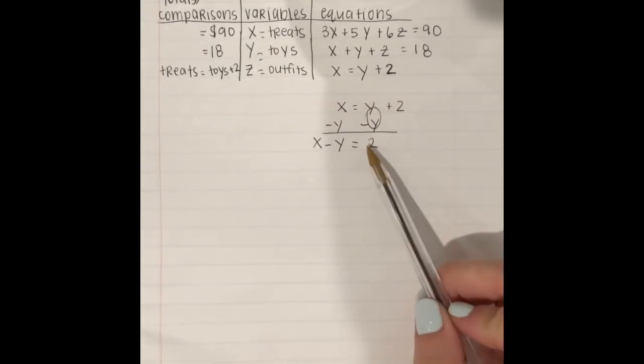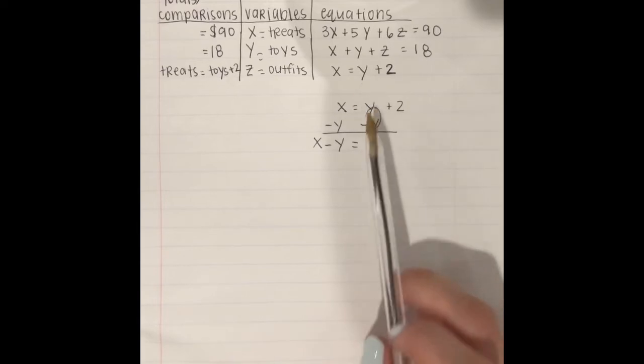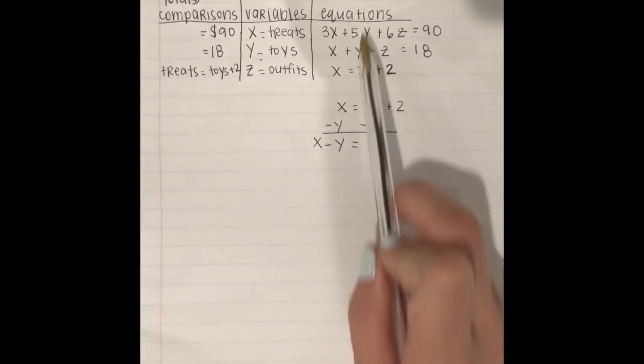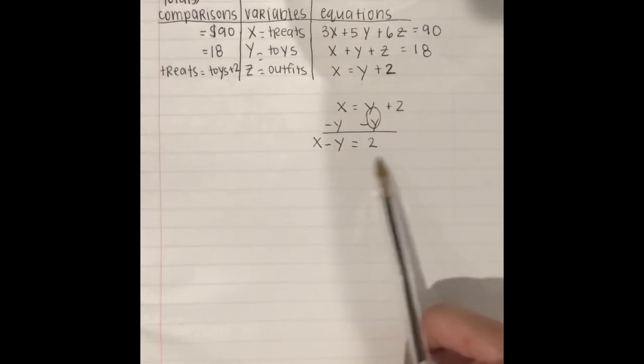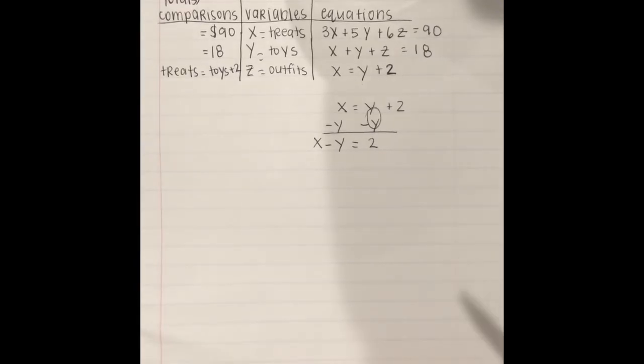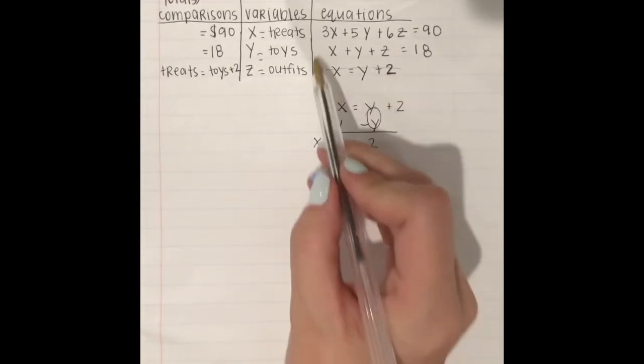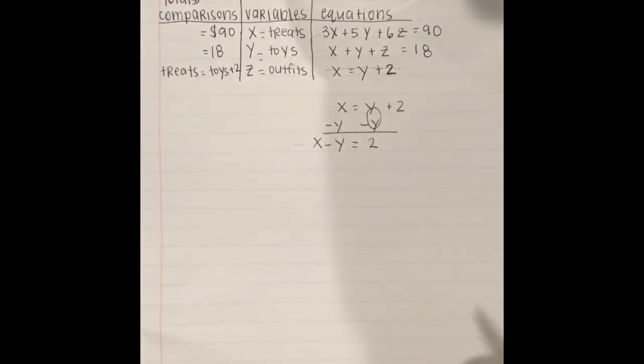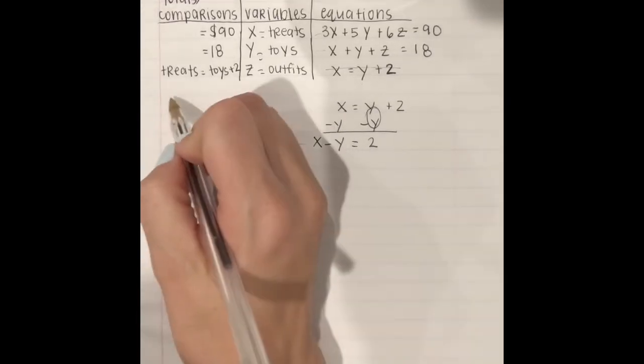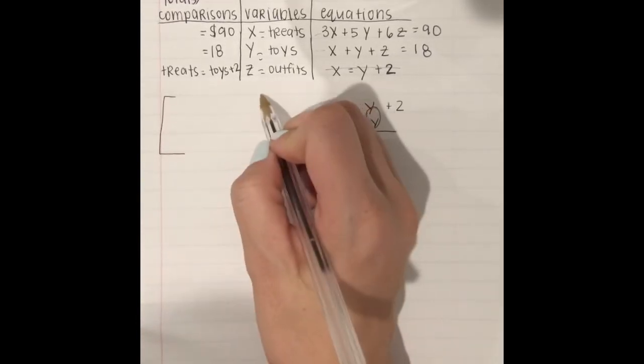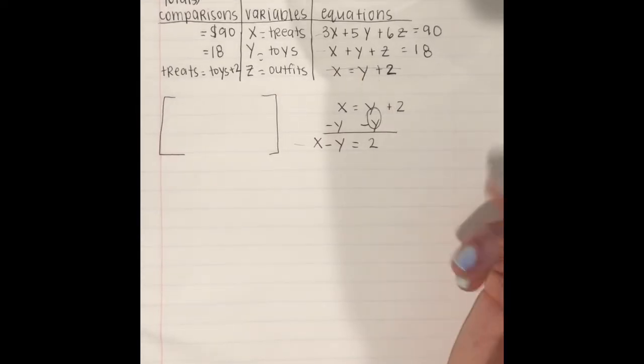Now I don't have a Z, but it's okay. We can put a 0 for Z, but where our X's are lined up, our Y's are lined up, and then it's equal to our number without a variable. Okay, so these would be our 3 equations that we're going to plug into our matrix, right? So we're going to have a 3 by 4 matrix.